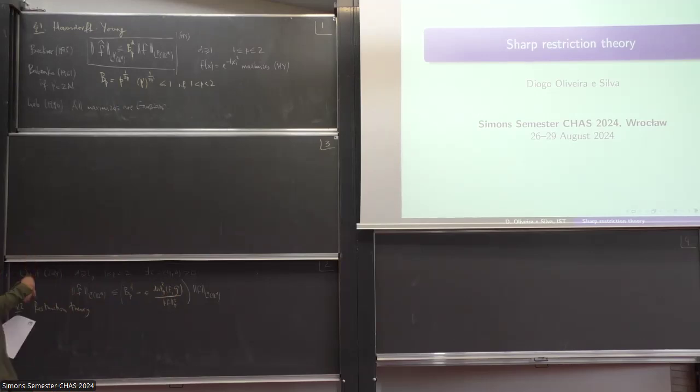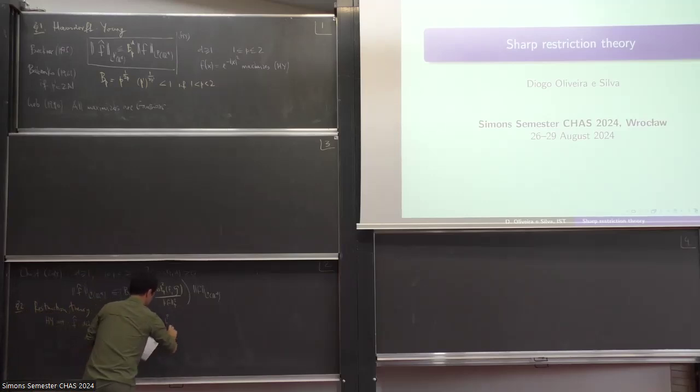Okay, so the bridge between the two can be made with the following observation. From Hausdorff-Young, you know that f hat is defined almost everywhere in R^d, if f is in Lp and p is between 1 and 2. That's just a qualitative consequence of the quantitative inequality upstairs.